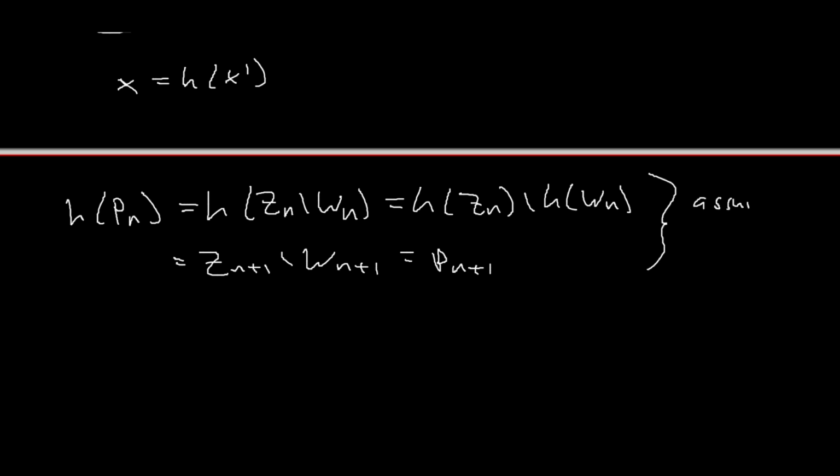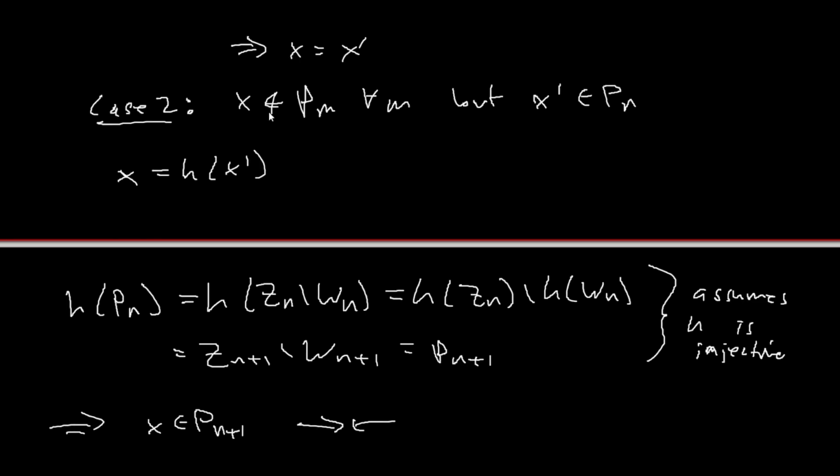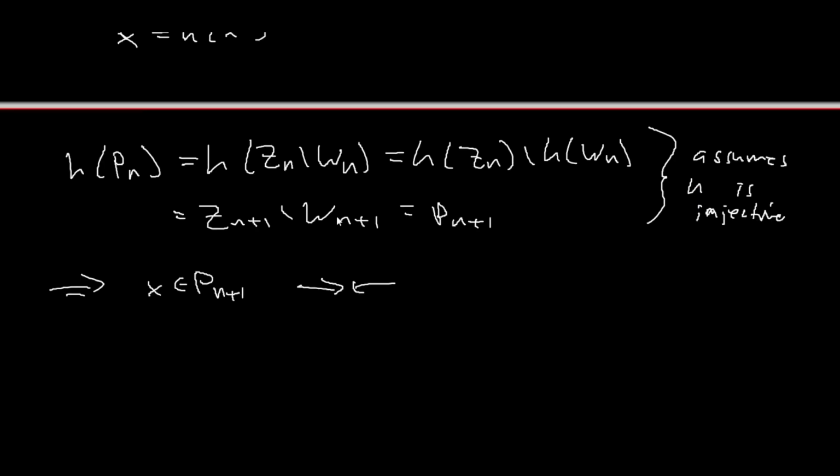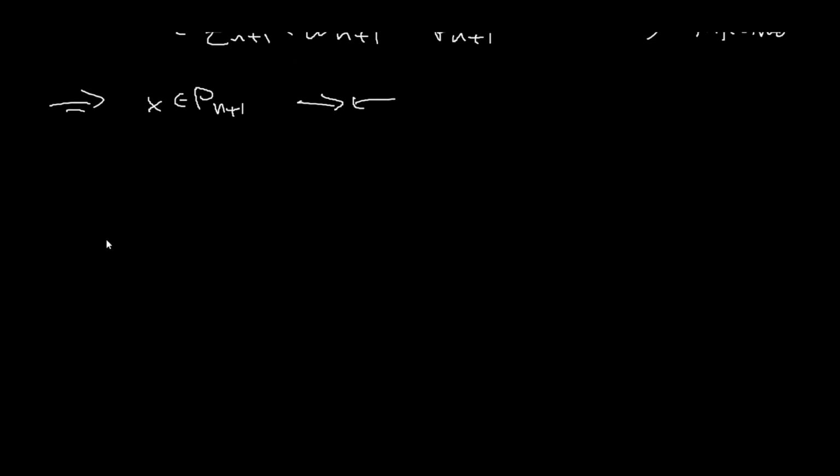And this assumes h is injective. But that means x is in Pn plus 1, which is a contradiction because we assumed it's not in any set Pm for any m. So that means case 2 is impossible, and we need not worry about it.